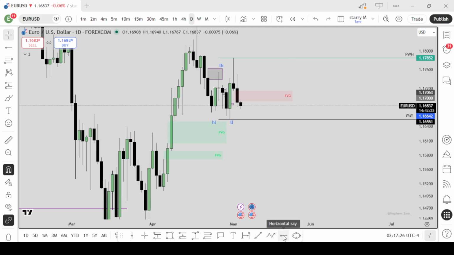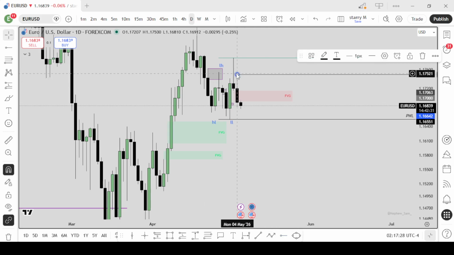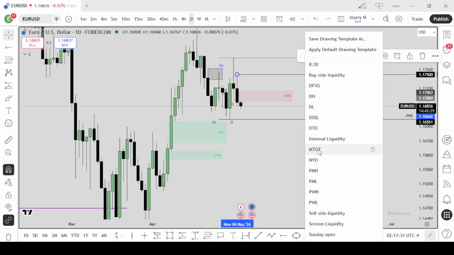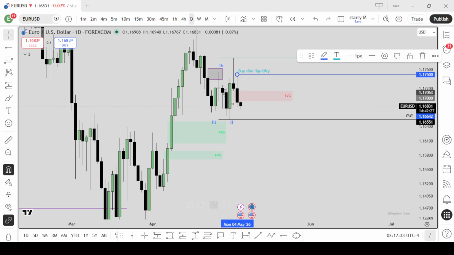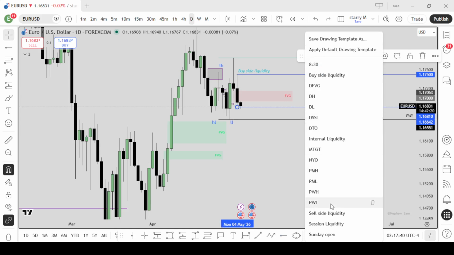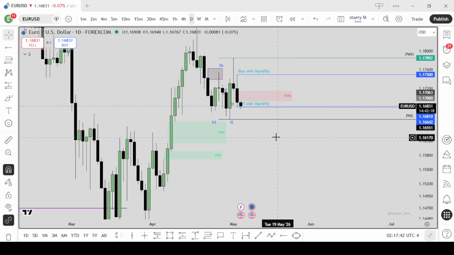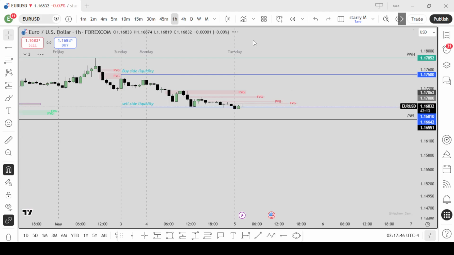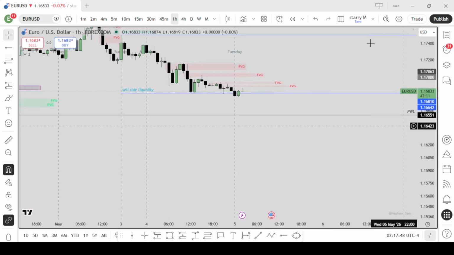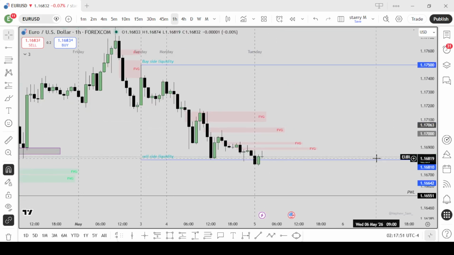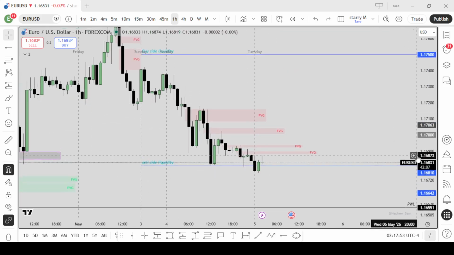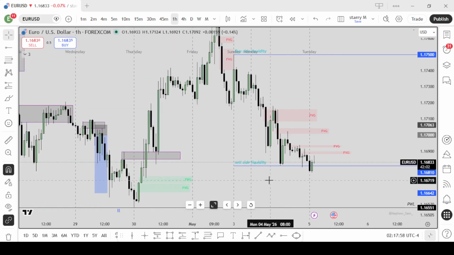So we also have to identify our buy side liquidity and our sell side liquidity as well. See on the one hour, we are very bearish.